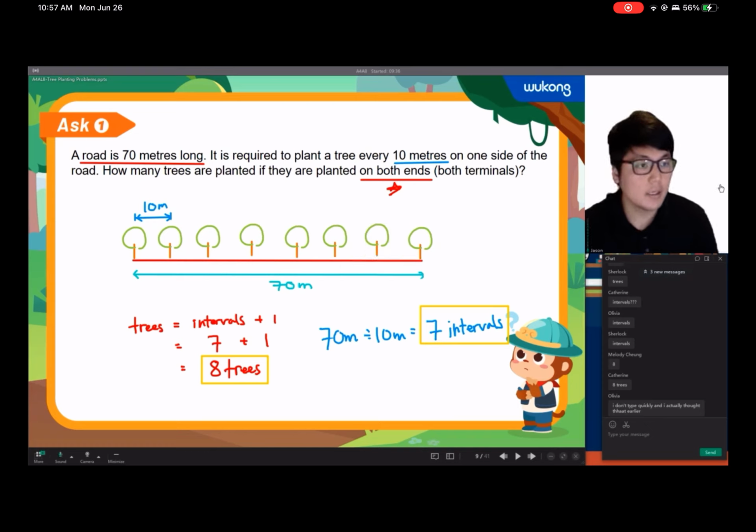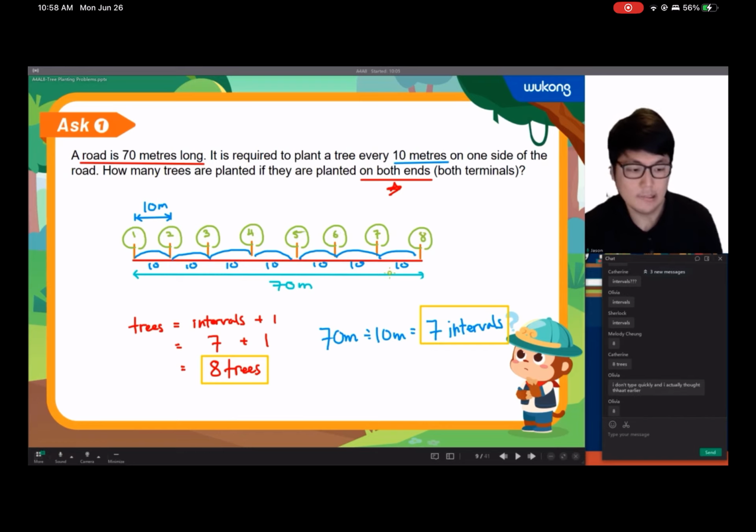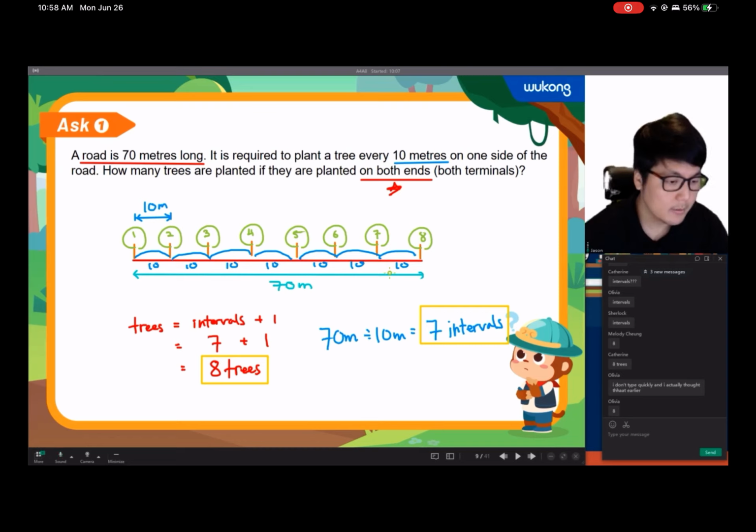So basically, we have 1, 2, 3, 4, 5, 6, 7, and each of them is 10 meters, which adds up to 70 perfectly. And look how many trees we've got: 1, 2, 3, 4, 5, 6, 7, and 8. Can you see that?